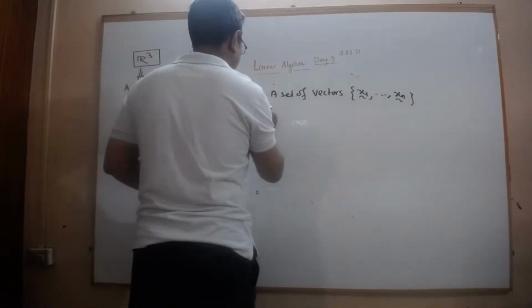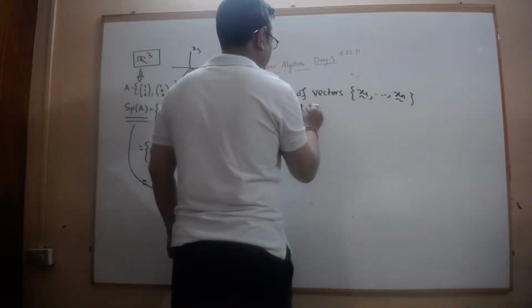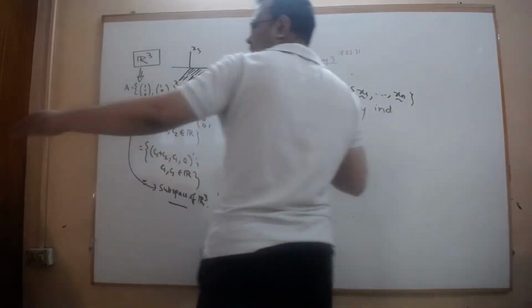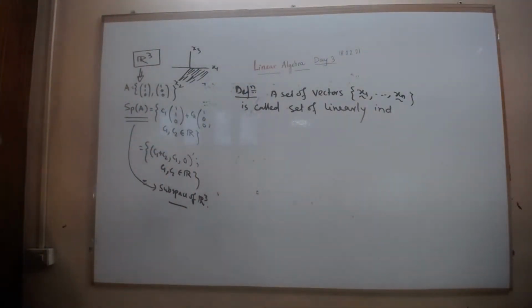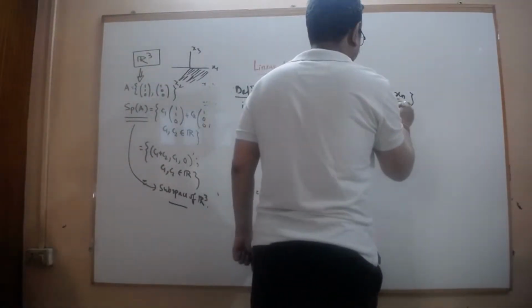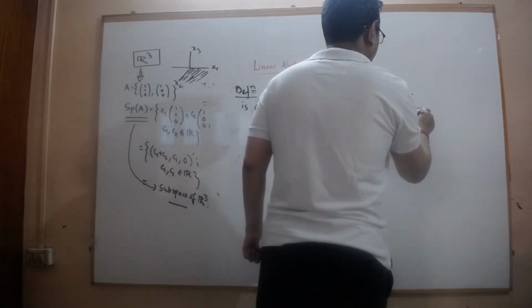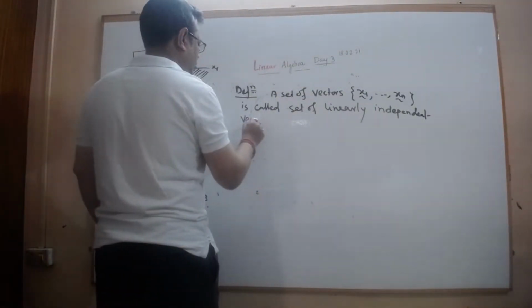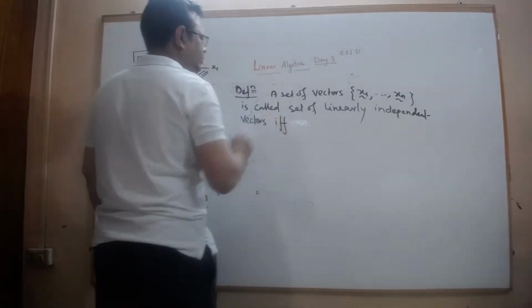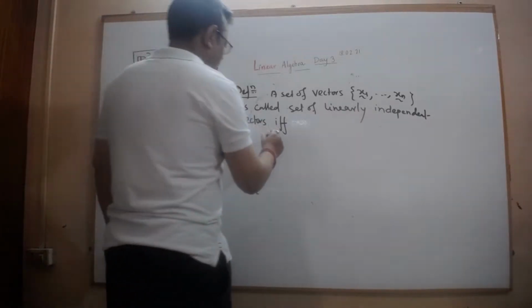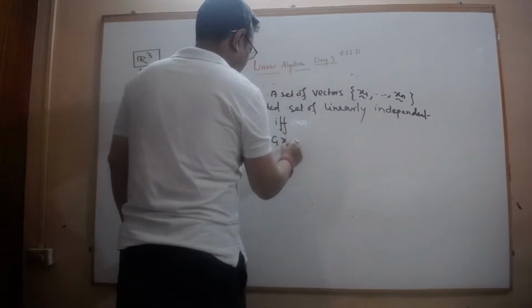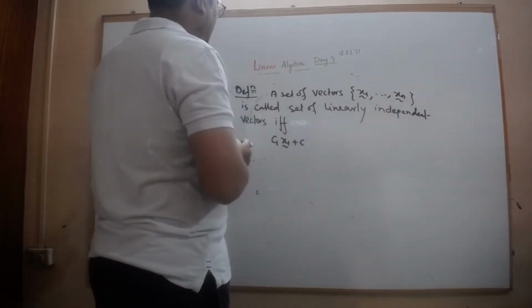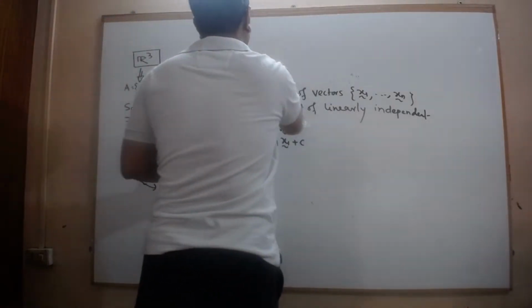It's called a set of linearly independent vectors if and only if C1 x1... I think it's better to write in that way.